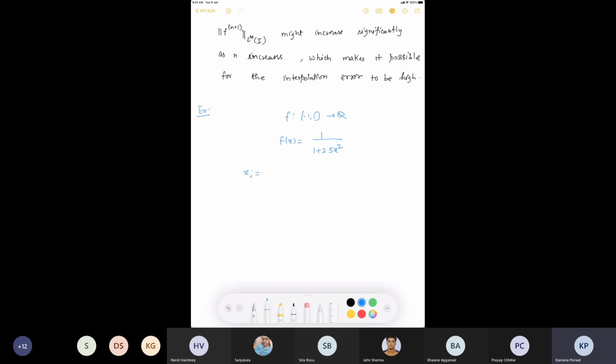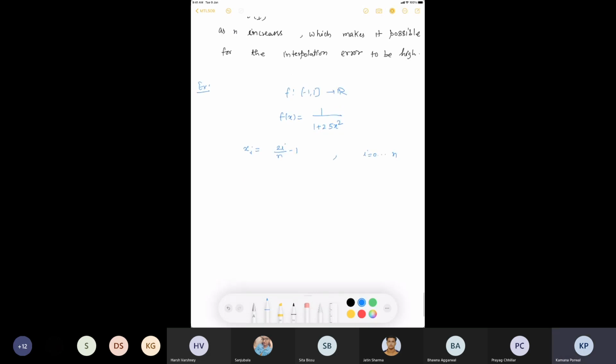We have equally spaced points, so take your x_i to be the equally spaced points on the interval, and try to find your p_n(x) using these points.